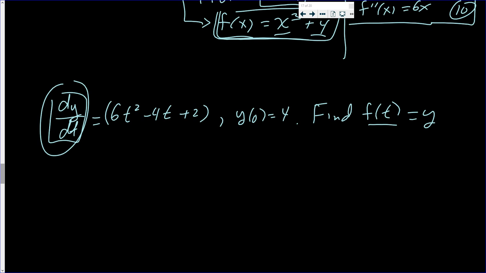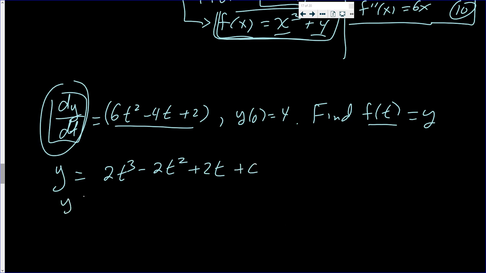And if you undo the derivative here, you get 2t cubed minus 2t squared plus 2t plus a constant.